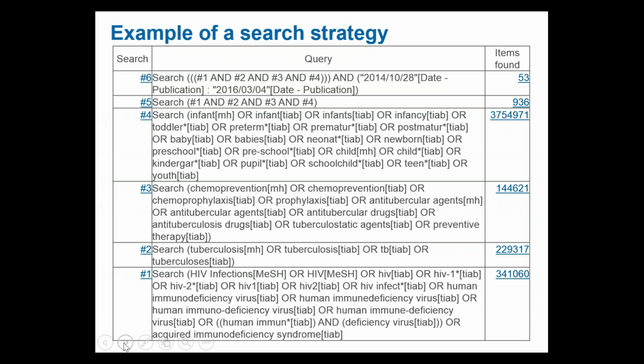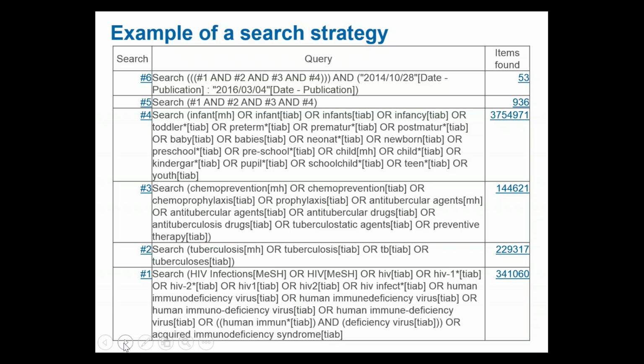And it's infants with, specifically, what group are we looking at? Just infants, but infants with what? Yes, that's correct. HIV and TB. So we're looking specifically at infants with HIV and TB.